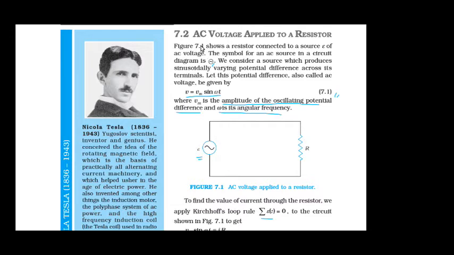7.2 AC voltage applied to a resistor. Now in this figure, if you see, there is an AC supply E, this one, and a resistance R is joined in the circuit.